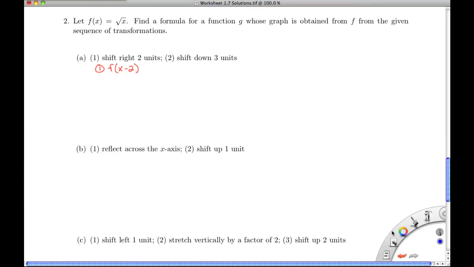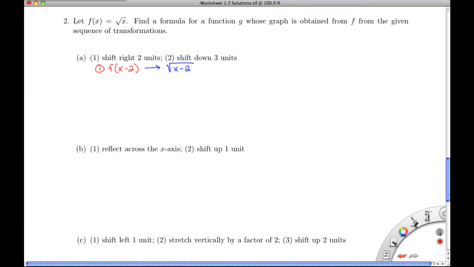And in the case of our function, we know that f is the square root of x, so it would make our function look like the square root of x minus 2. Just like we were evaluating functions, we take f of x, we evaluate it at x minus 2, which gives us the square root of x minus 2.